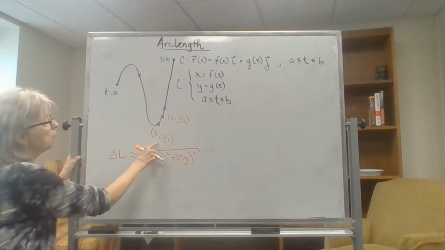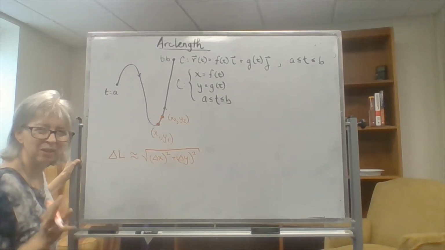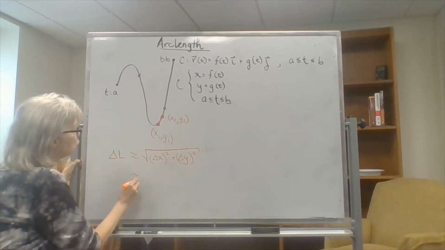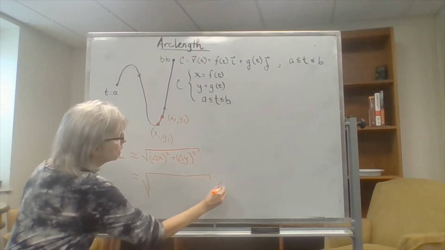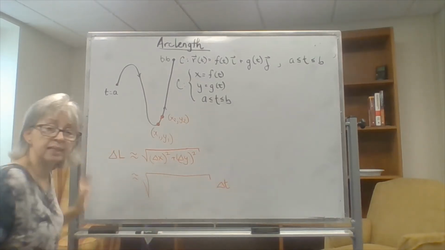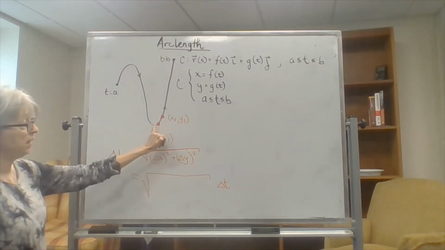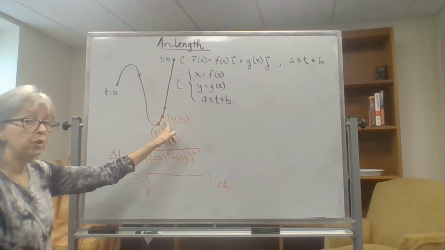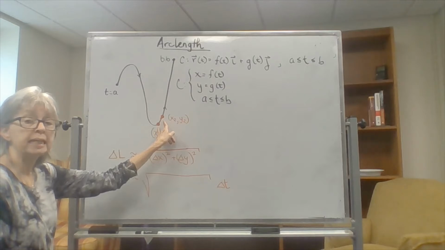Well, this is some particular t value, and this corresponds to some particular t value, but I really don't care about that right now. I am going to use the expression delta t to represent the change in time from being here to getting there. So I follow the curve.